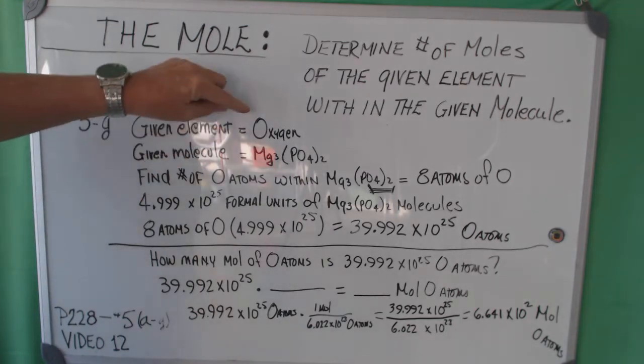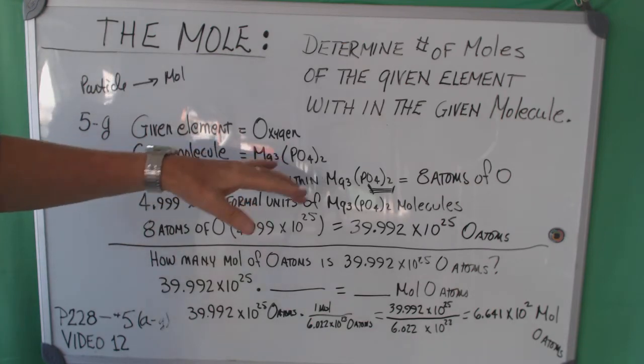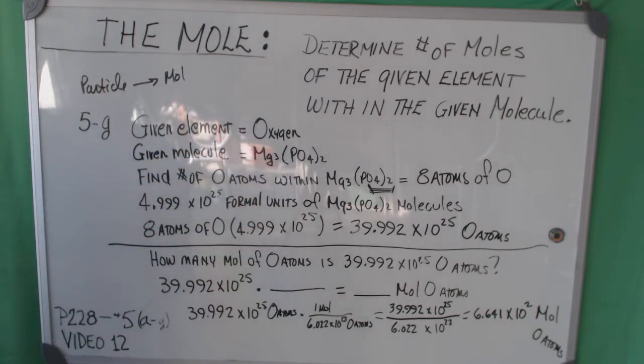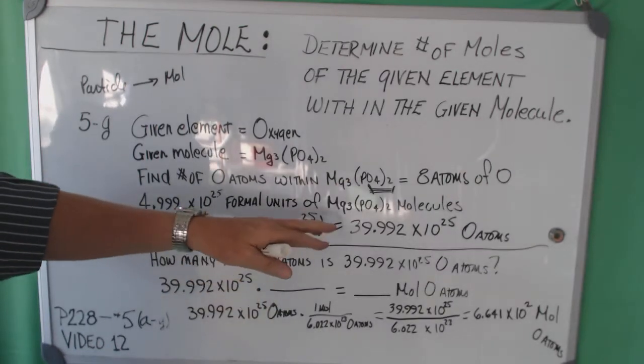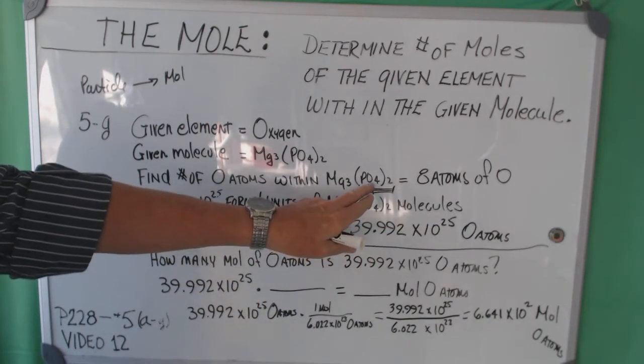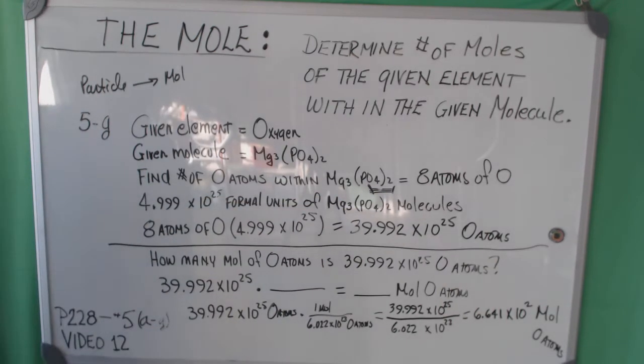Since they want you to find out how much oxygen you have, the first thing you have to do is split out the oxygen from this molecule. First step, find out how many atoms of oxygen are in that single molecule. So one molecule of this magnesium phosphate is the O4 times the 2. Don't forget the 2. That's going to be 8 atoms of oxygen.